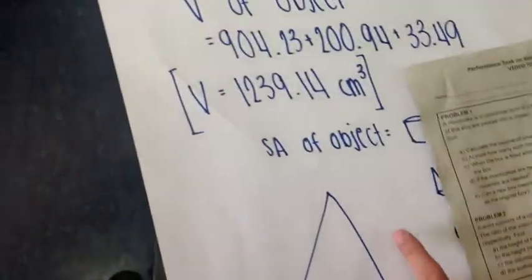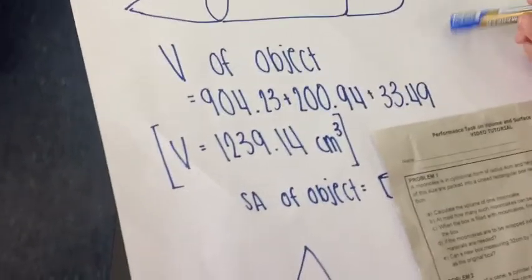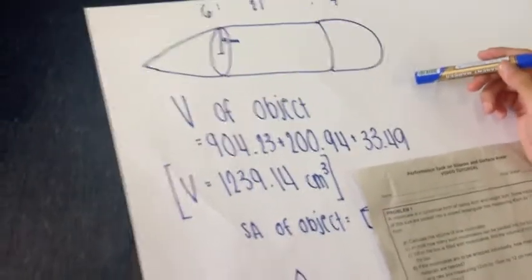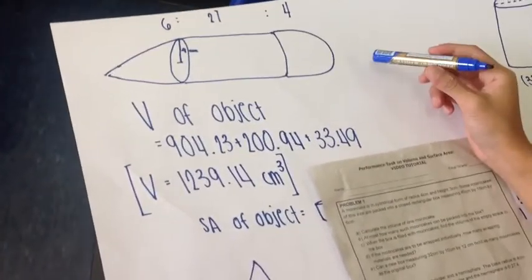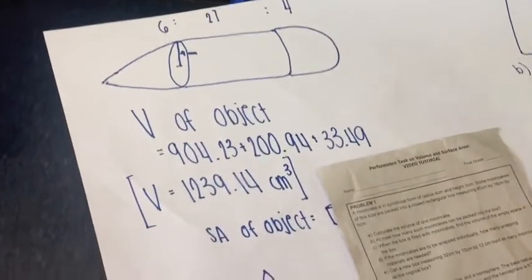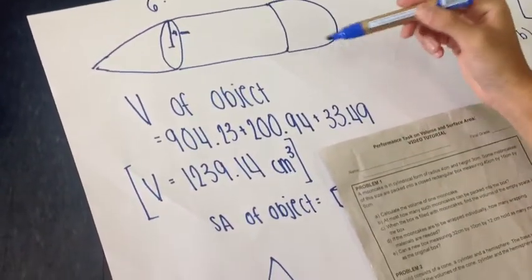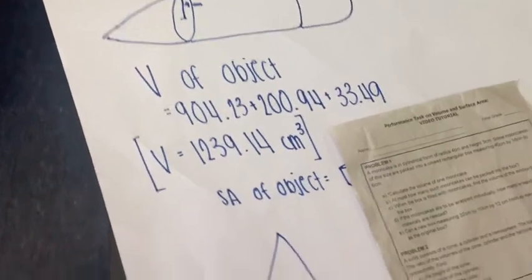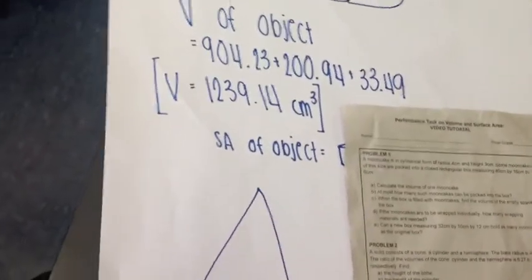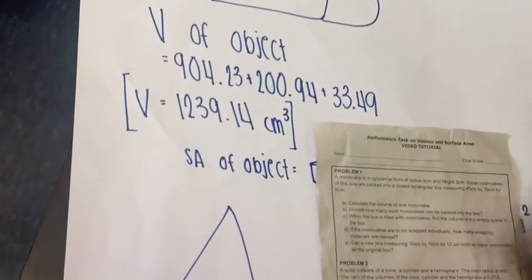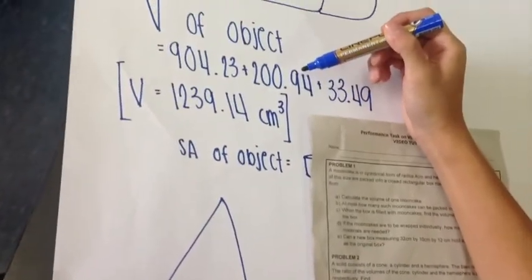The next question is find the volume of the solid. To find the volume of the object, we simply need to add the volumes of everything we found a while ago. Here, we have 904.23, which was the volume of the cylinder. And we have 200.94, which was the volume of the cone.